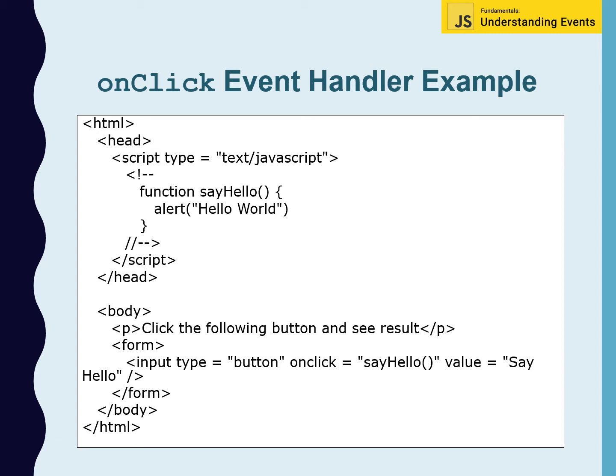Here we simply specify the onclick attribute on the HTML button, input type equal to button, and it works as a call to the JavaScript function say hello. Hope you understood the onclick event handler example.